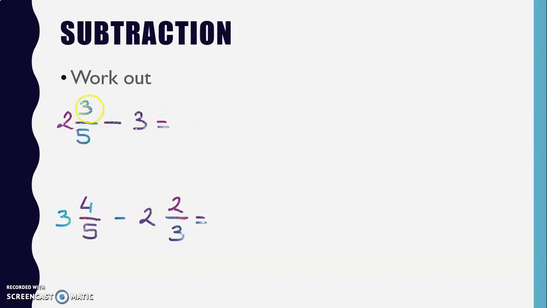So let's convert this to an improper fraction. That's 13 over 5 minus 3. Now I'm going to write that 3 at the top because that is as if there was 3 over 1. I'm going to write it as a dotted 1, so it's 3 over 1.